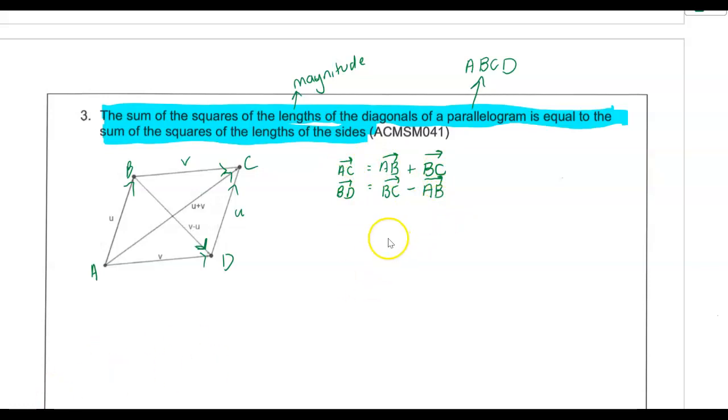Let's put that information into our proof. So our proof is saying, well, we want to show that the sum of the squares of the lengths of the diagonals. Well, the lengths of the diagonals are magnitude. So the lengths of the diagonals are AC and BD.